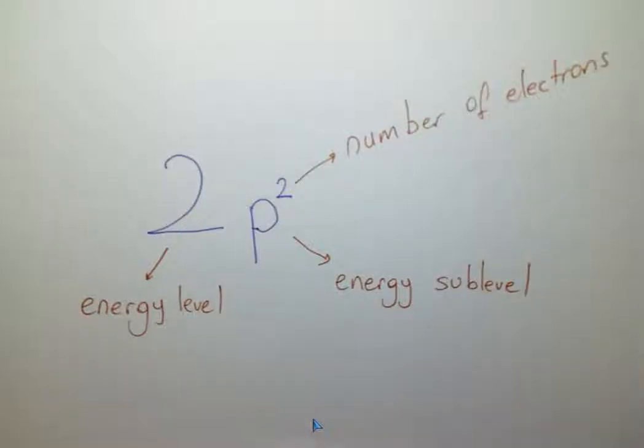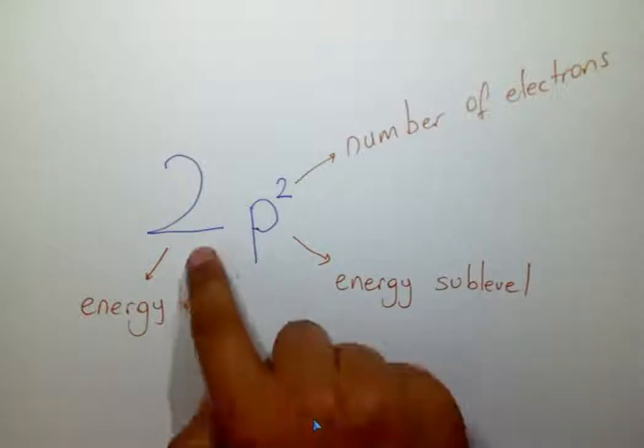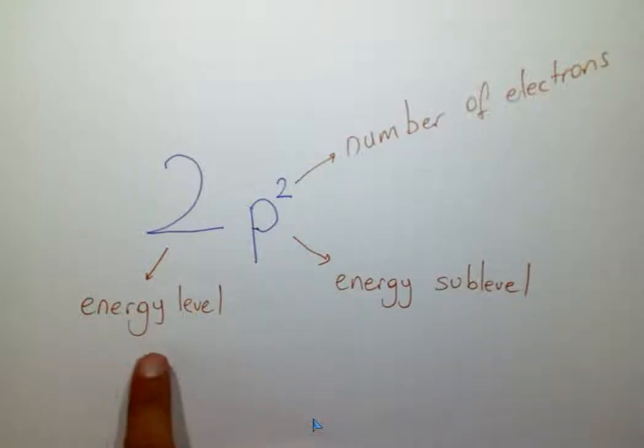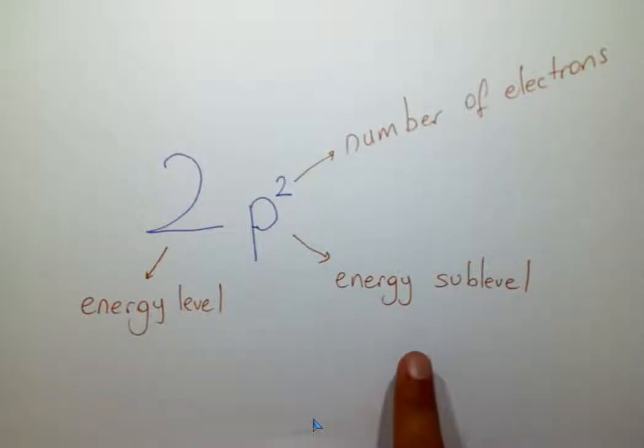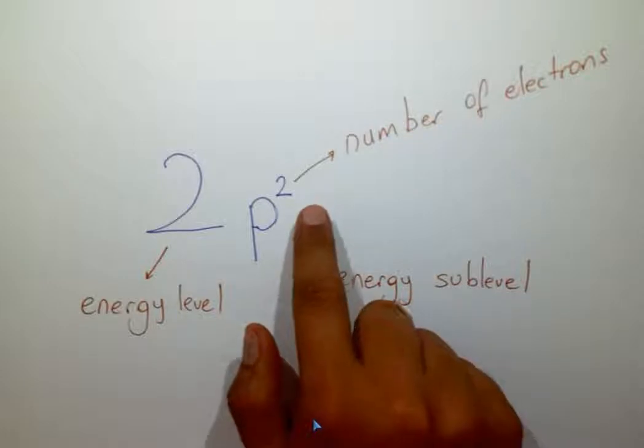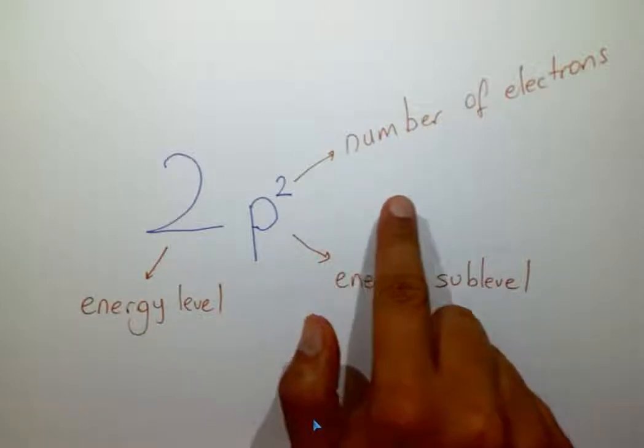When we see a configuration like this, this bigger 2 means the energy level of the electrons, the p is the energy sublevel, and the upper subscript is the number of electrons.